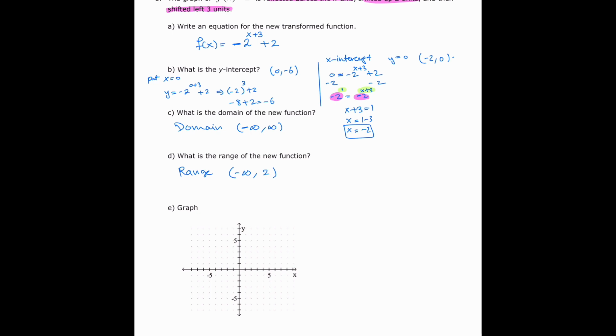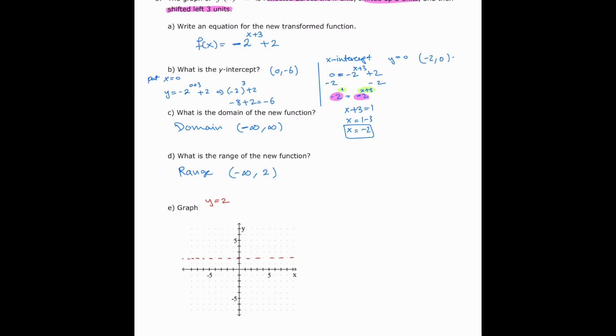Now, to graph that, we're going to graph the horizontal asymptote. The horizontal asymptote is y equals 0, or y equals 2, sorry, which is the vertical transformation. So that is the horizontal asymptote. And remember that the function was flipped over.